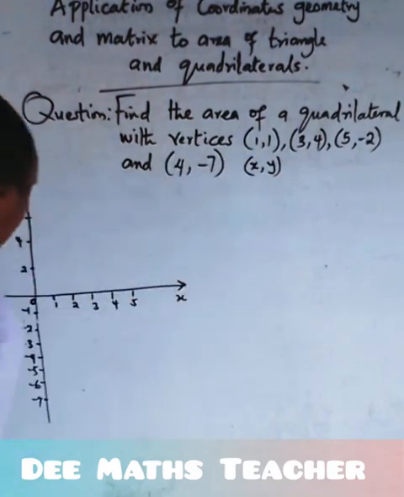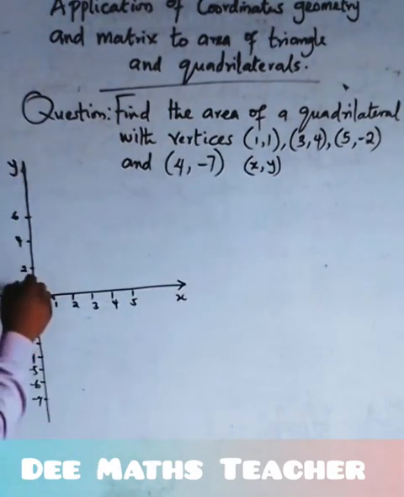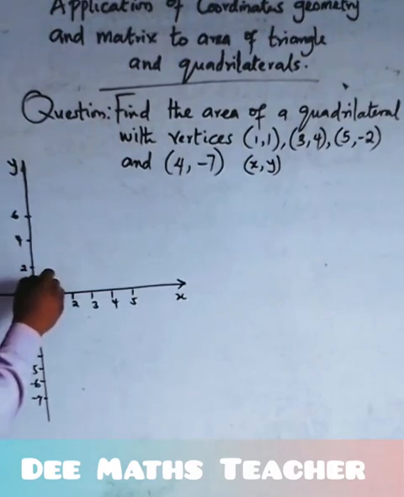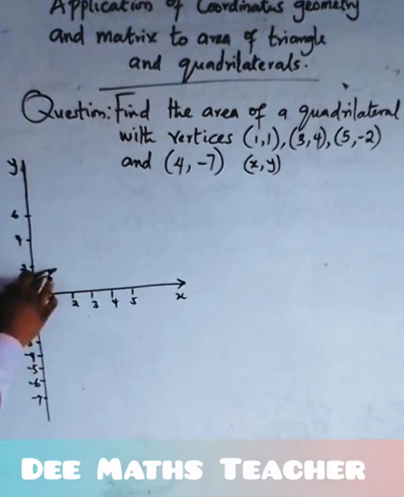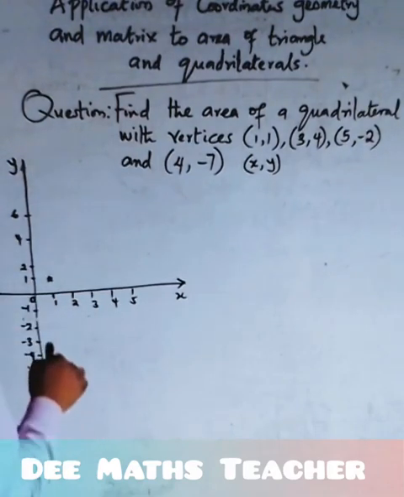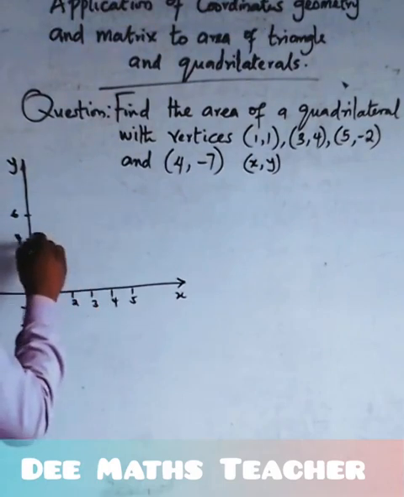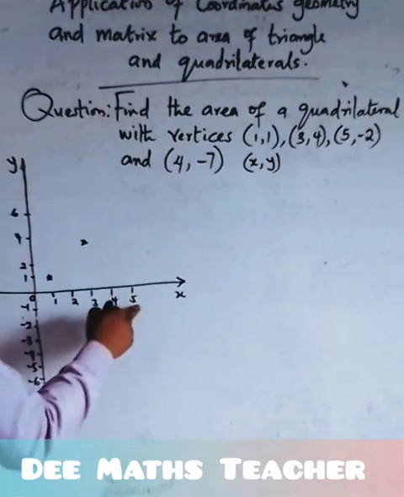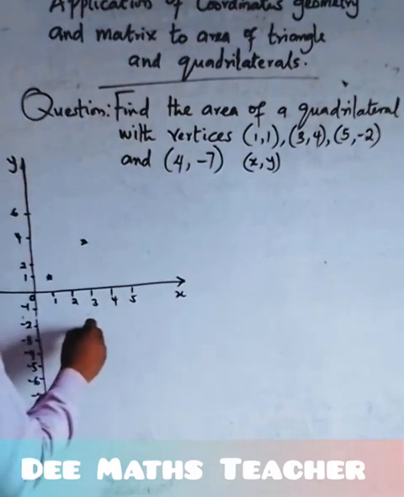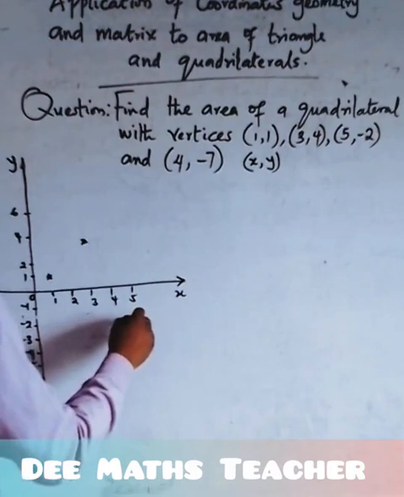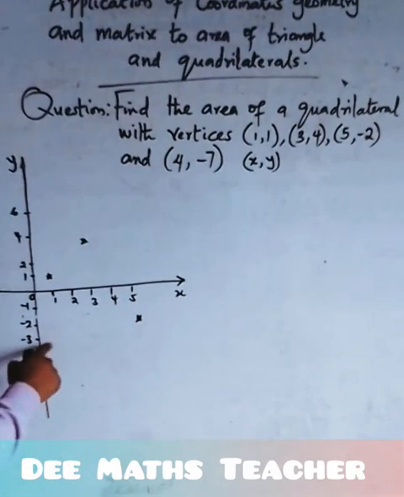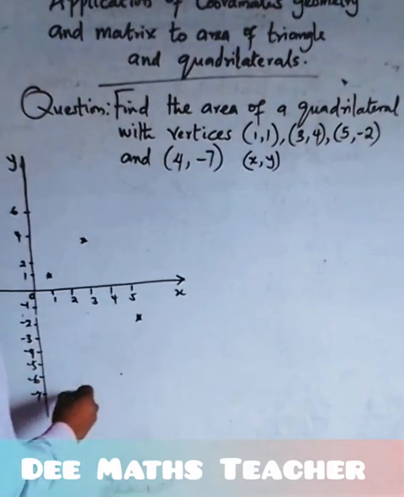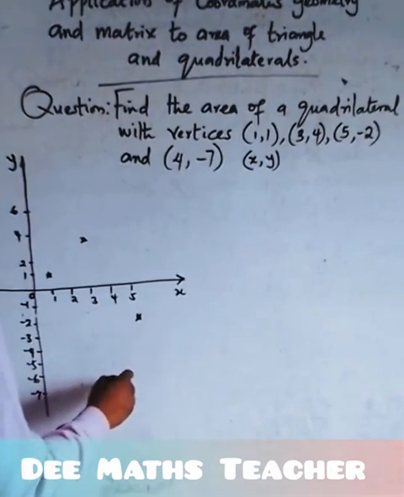When our x is 1, y is also 1. So let this position be 1. So we trace it like this. And when x is 3, y is 4. When x is 5, y is -2. And when x is 4, y is -7. Something like this.